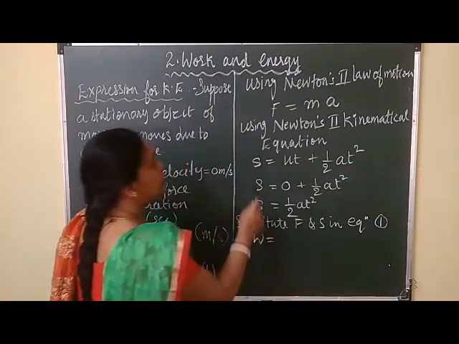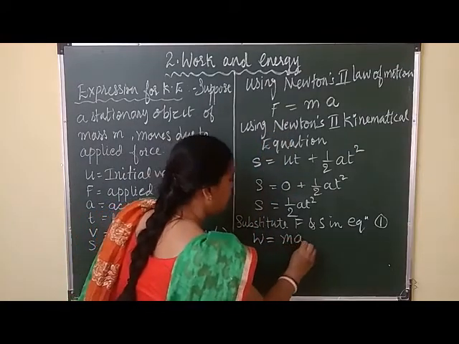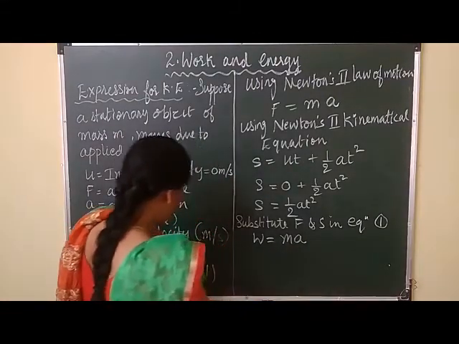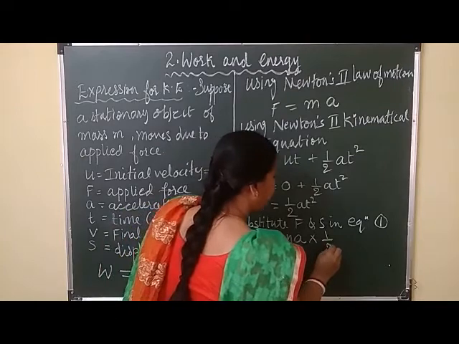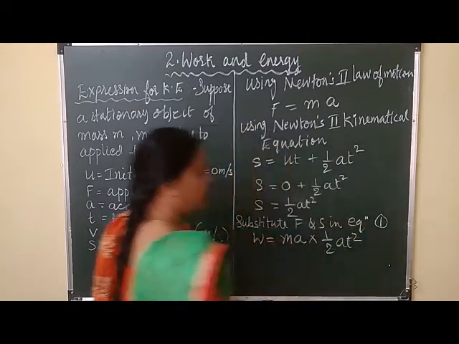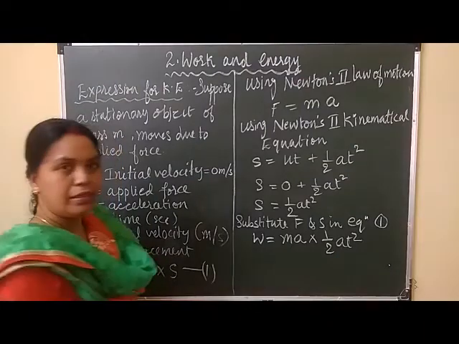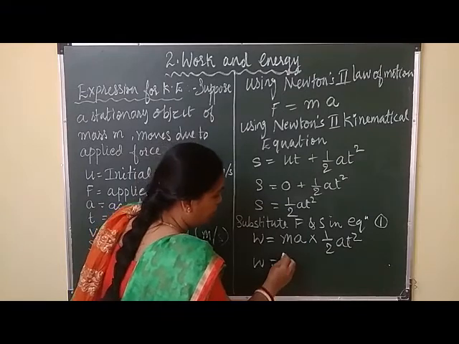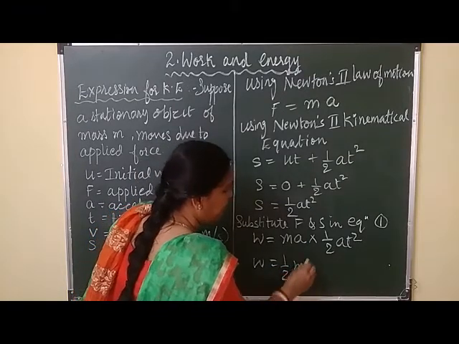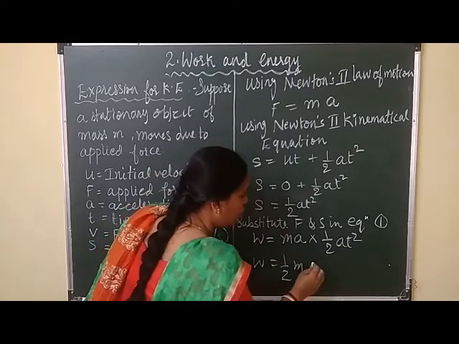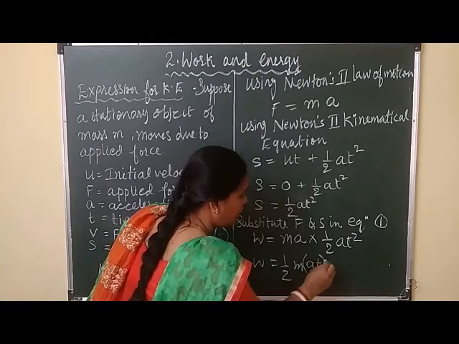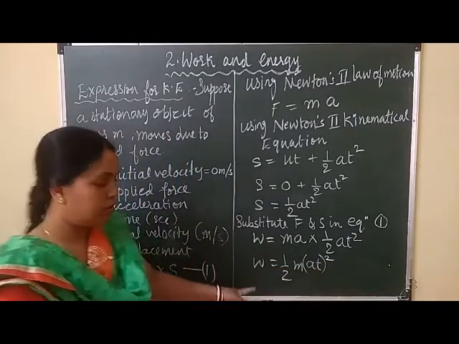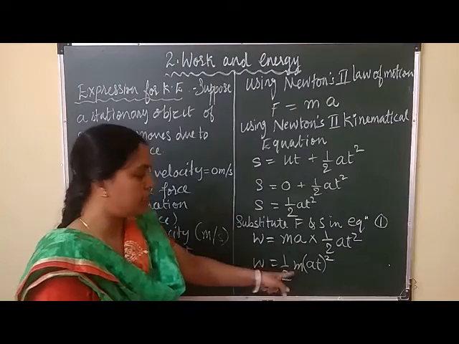Work done is equal to m into a multiplied by half at square. Got it? Now W is equal to, arrange this, you get half m. a is 2 times, so at, both I can write in one bracket, so at the whole square. Got it? I have just arranged this equation.